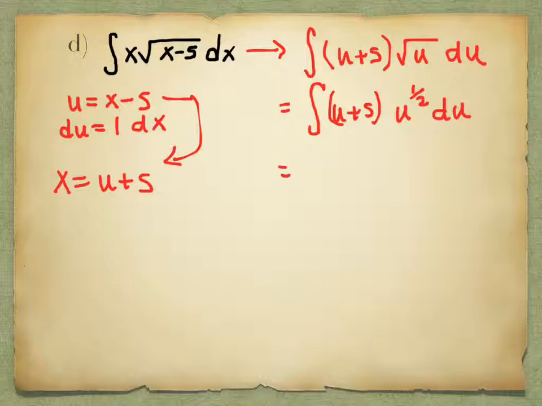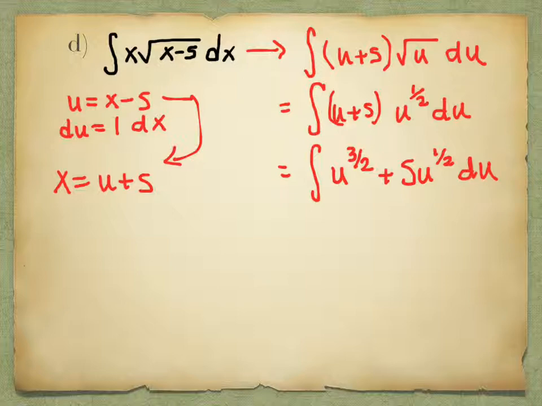Now what? Distribute, you bet. So now I've got u times u to the 1/2. So here is your chance to redeem yourself, those of you who were struggling with some exponent rules on the last test. What is 1 plus 1/2, that is 3/2? Thank you. We add exponents. This is u to the 3/2 plus 5u to the 1/2, right? And we can integrate those, right?